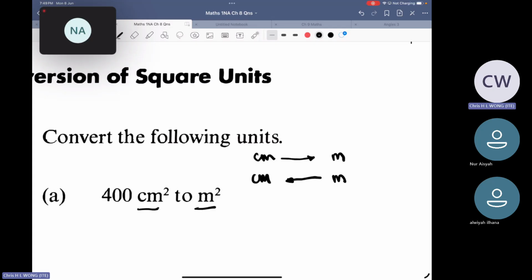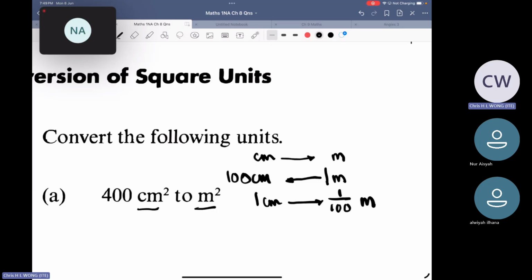Because you know 1 meter is 100 cm, but we want to find 1 cm. So 1 cm will be 1 over 100 meter.